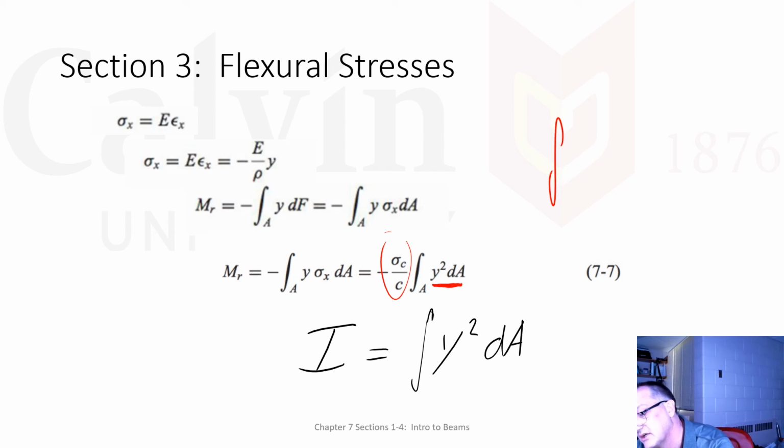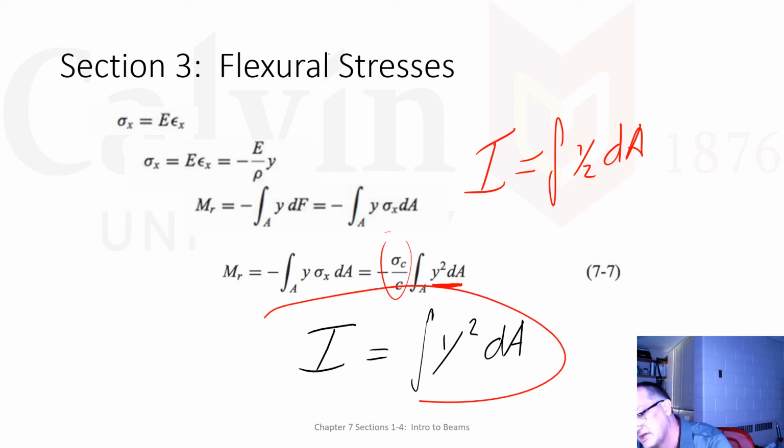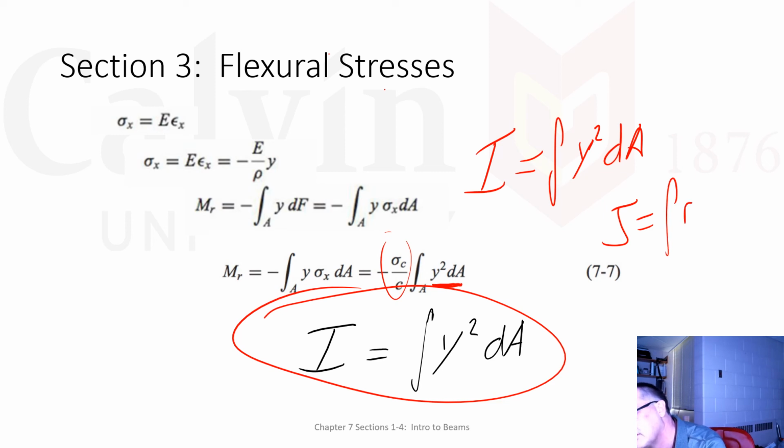I've got this integral of y squared dA, and I'm going to define that as I. Sorry, I did not write that very well at all. That's very similar to J, which resulted because I had the integral of r squared dA. And that's kind of cool.